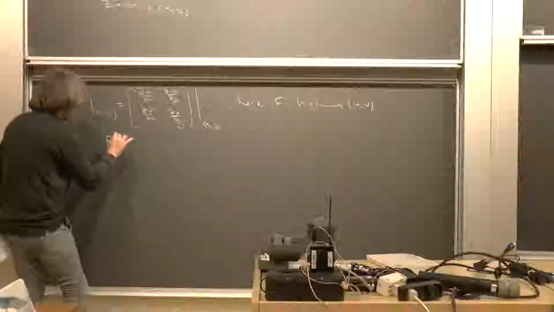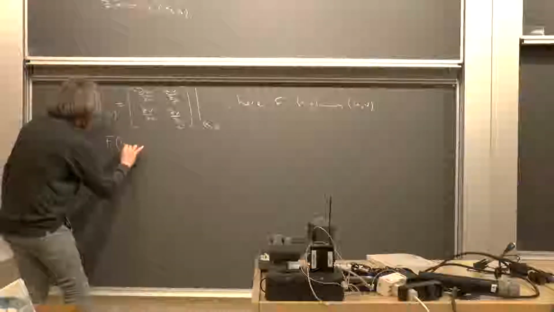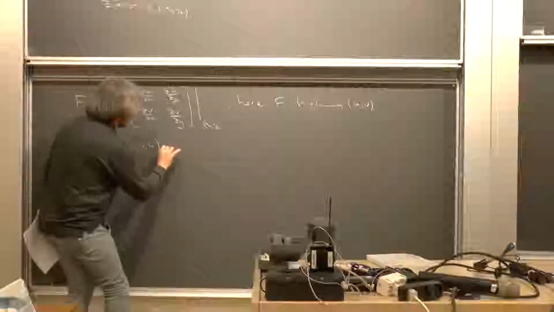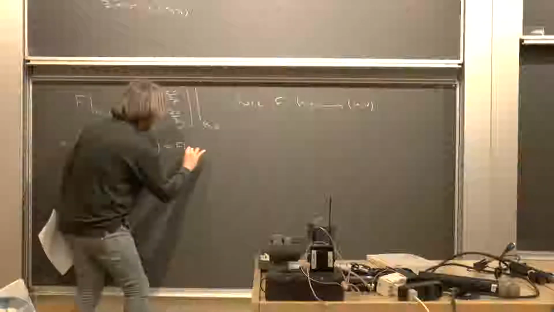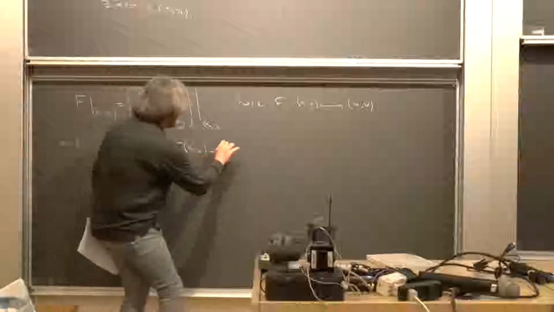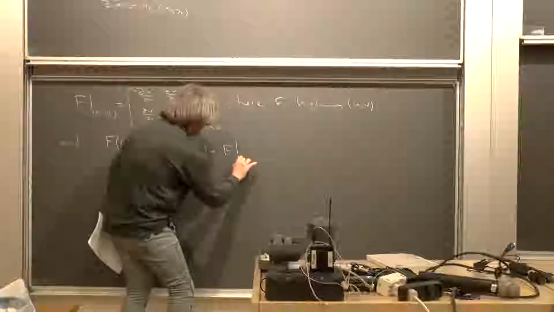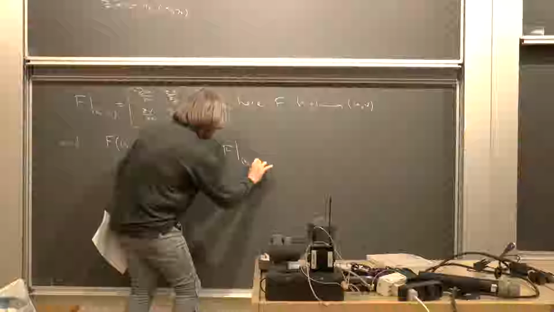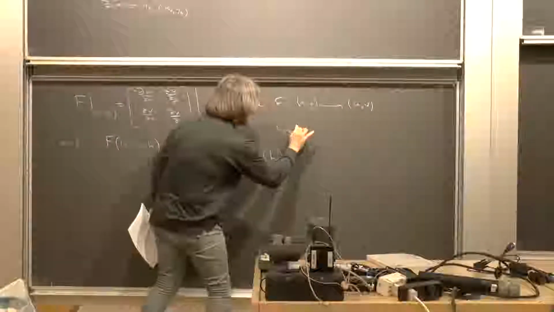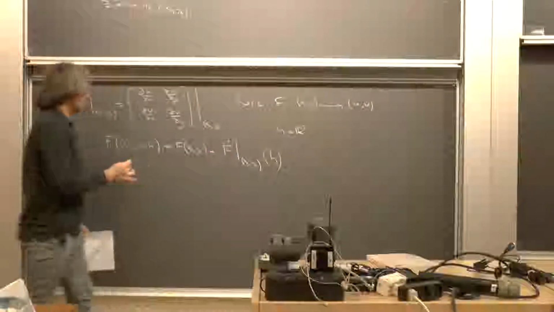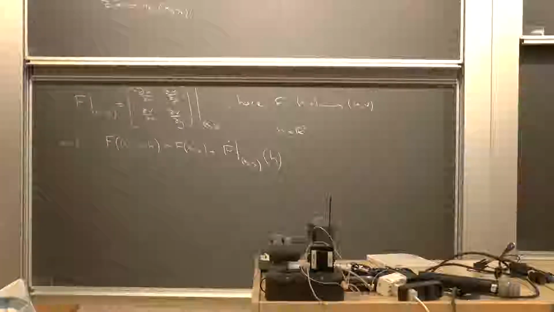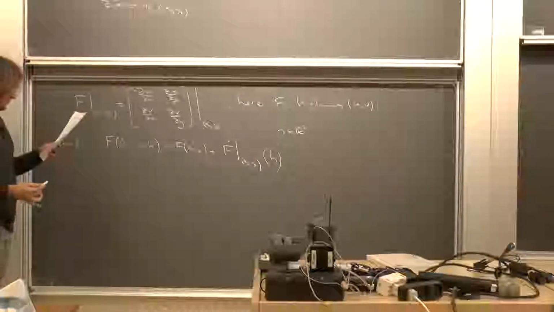So f of x node, y node plus h is f of x node, y node plus this 2 by 2 matrix applied to h, where h is treated as an element in R squared. Well, not equal, but almost equal, so close to.